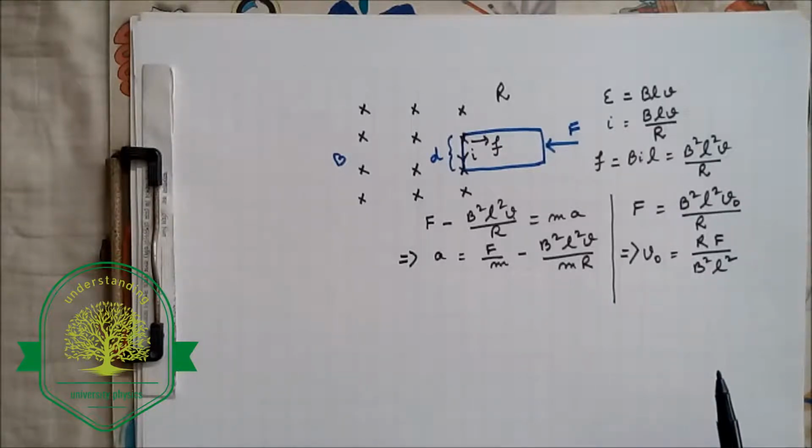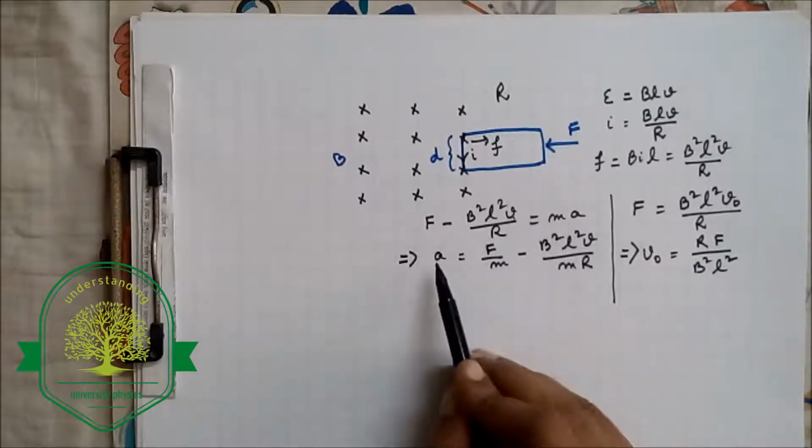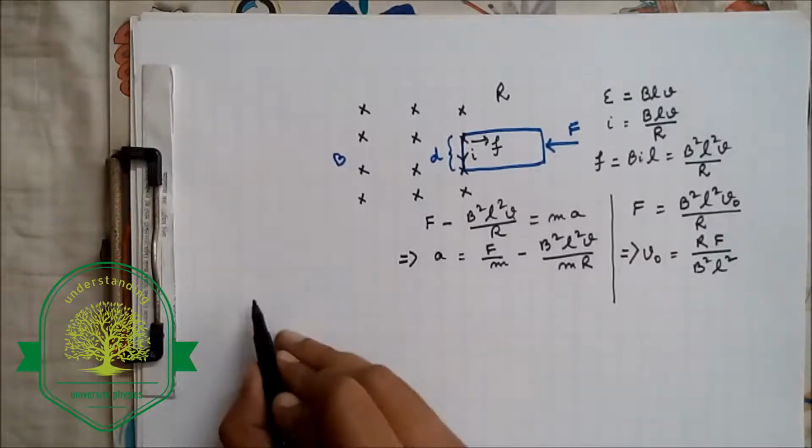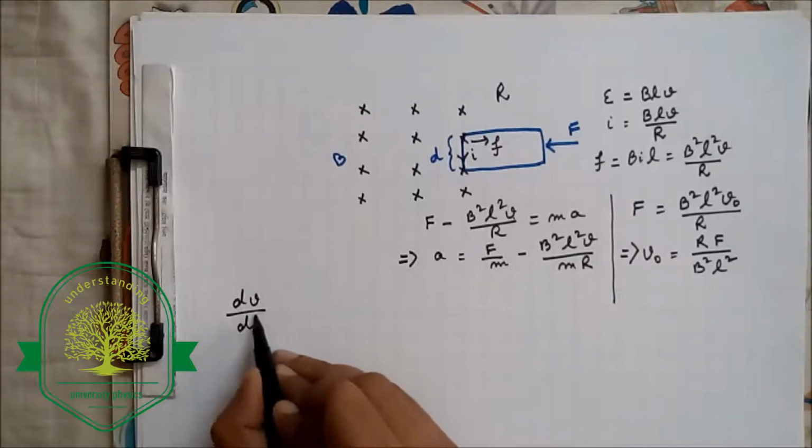And in the third part, they are asking us to find the velocity v as a function of time t. So to that end, let me just use this equation, and for a let me substitute dv divided by dt.